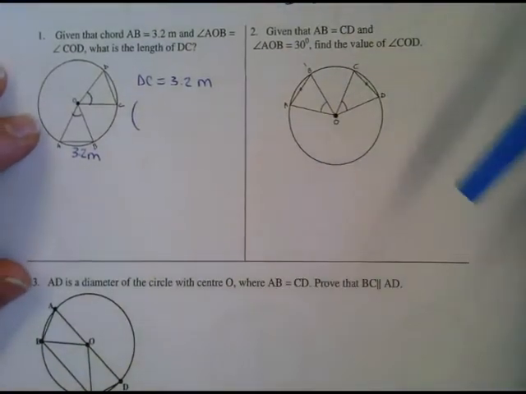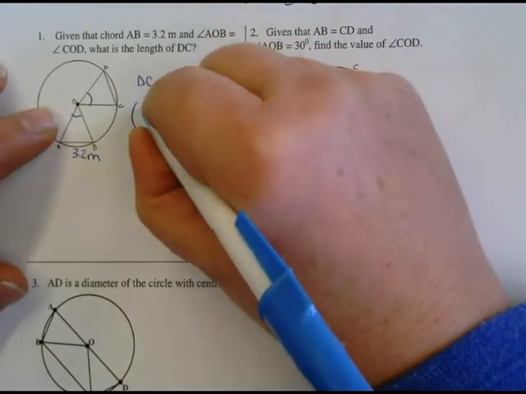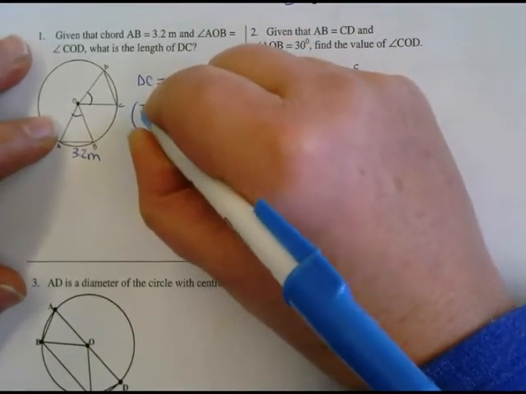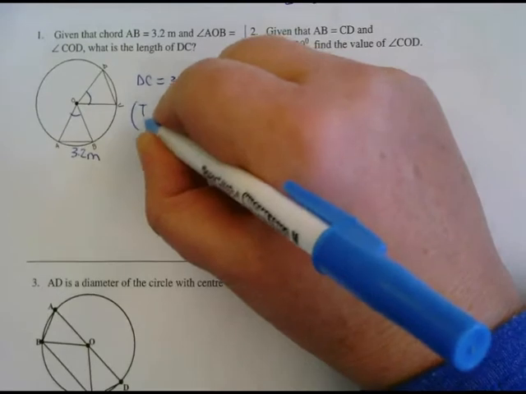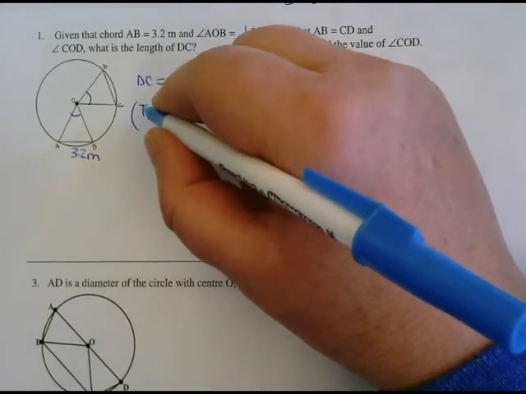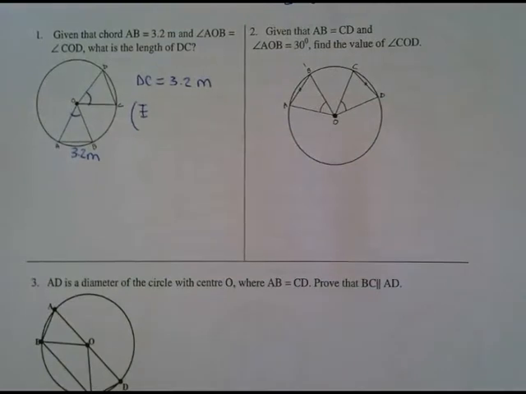The converse is: if two chords subtend equal angles at the center of the circle, they cut off equal chords. Basically you want to say equal angles subtended at the center cut off equal chords. Or, the chord subtends the angle and the angle is subtended by the chord.